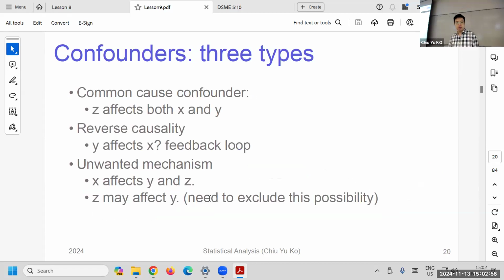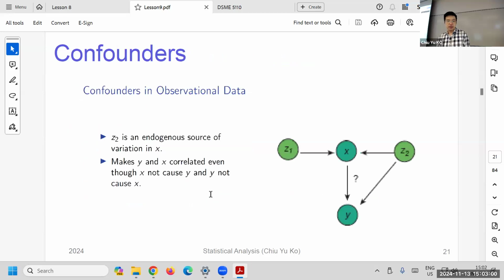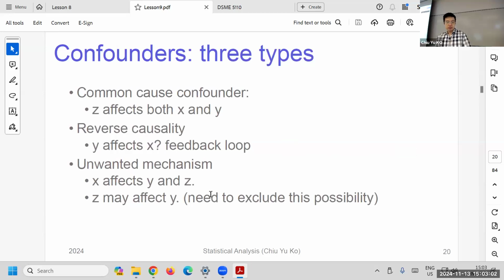And the problem is when it's a problem, as we said, there's an exogenous thing Z that affects both X and Y. So your parents' socioeconomic status affects X and Y. And the other thing is also complicated.